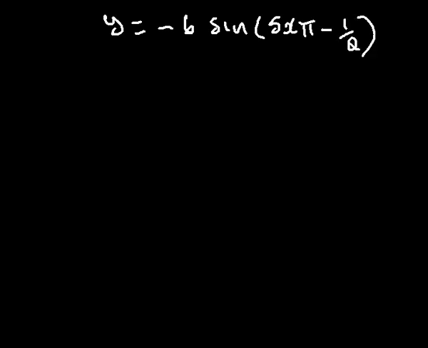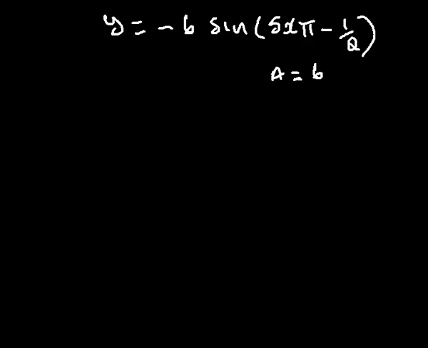So how do you think we should sketch the graph of this function? You know, the principle remains the same. We have the amplitude, which is given as 6. So the amplitude will be 6.